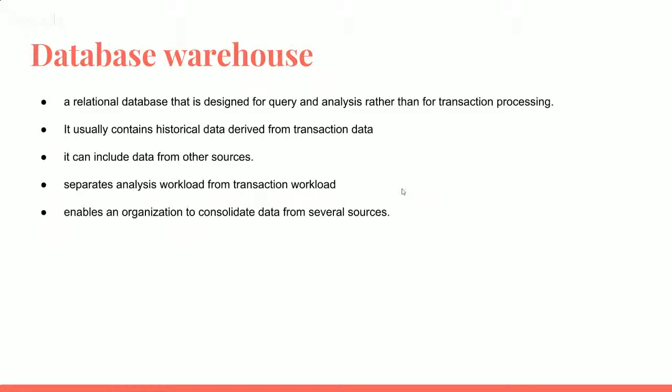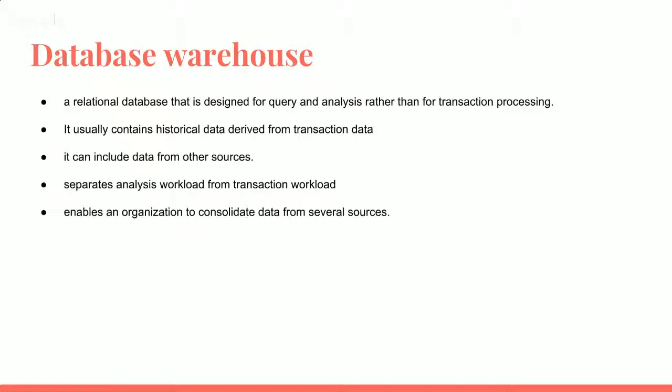The fourth is the warehouse database. A data warehouse is a relational database that is designed for querying and analysis rather than for transaction processing. It usually contains historical data that remains from transaction data, but it can include data from other sources.